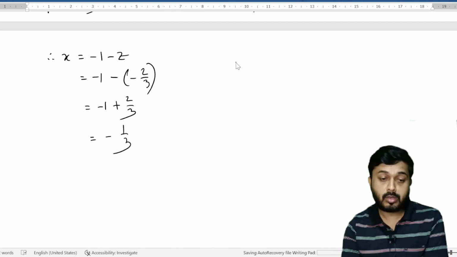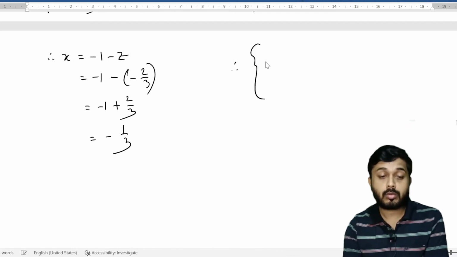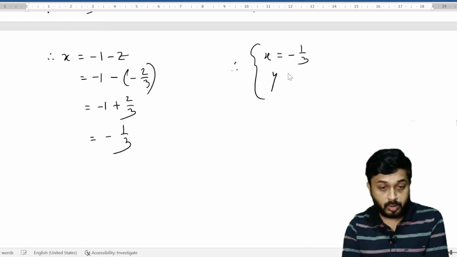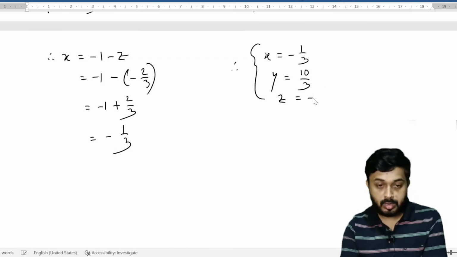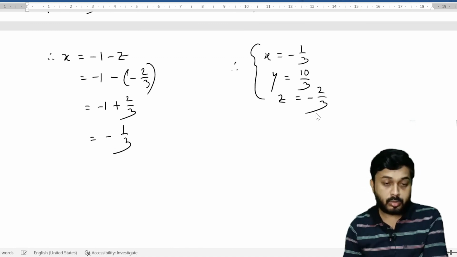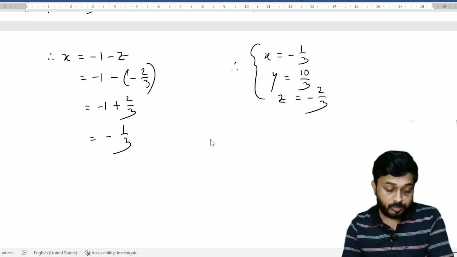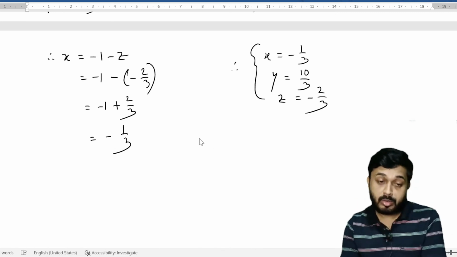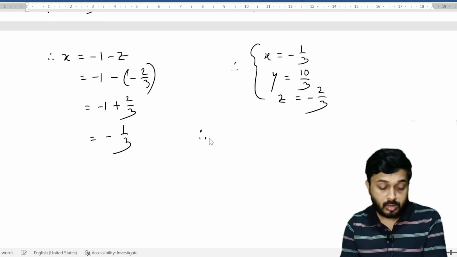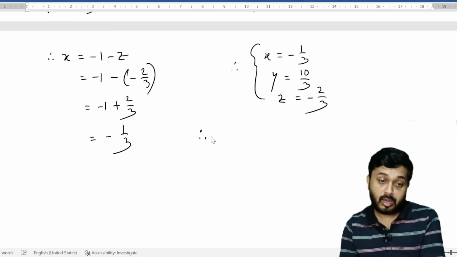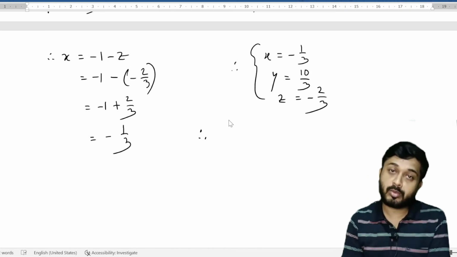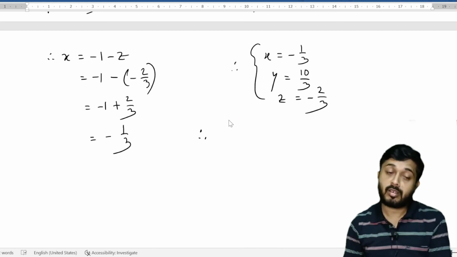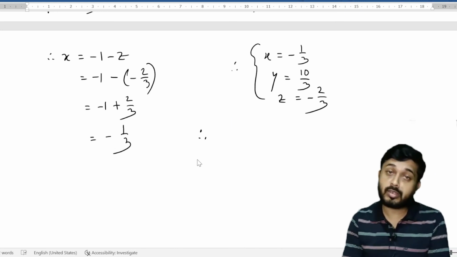So the value of x as we have got is minus 1 by 3, value of y is 10 by 3, value of z is minus 2 by 3. Okay, so these are the dimensions of G, universal gravitational constant, on density, velocity and work done. Keep it in mind, because these three have to be the base units as per the question, not the length, mass and time. All right, not the so-called fundamental units out there.